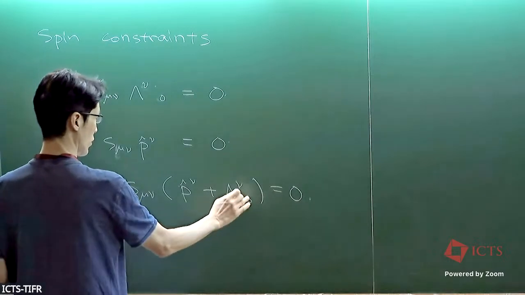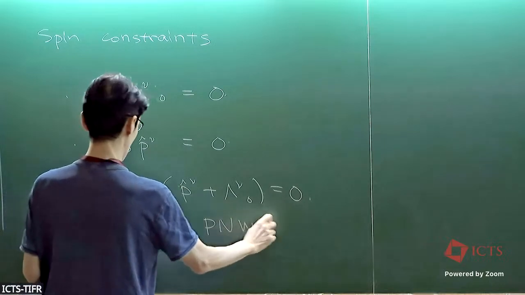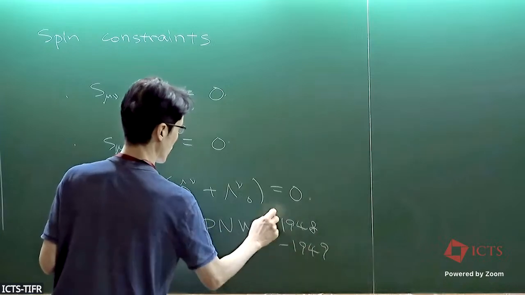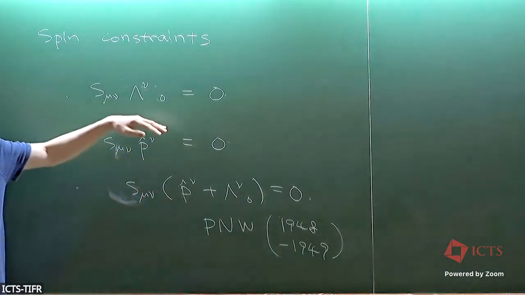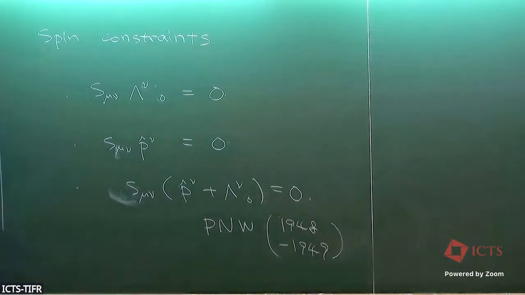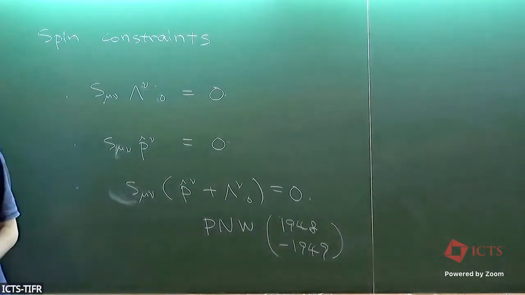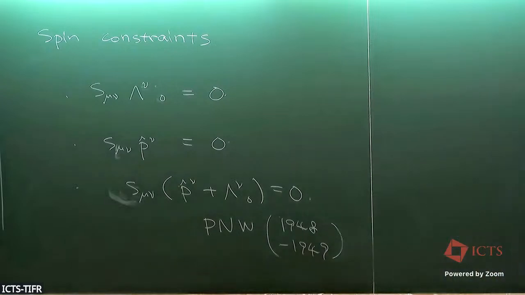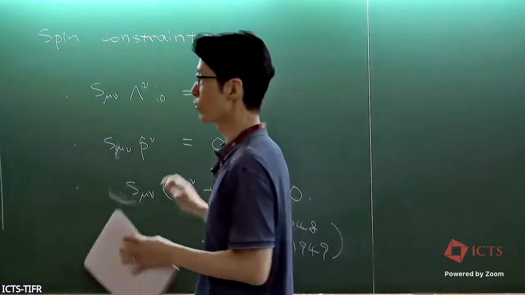And this combination arises from the work by Price, Newton, and Wigner between 1948 and 1949. And I must add that this is just not a random linear combination of the two. There were some serious reasons for considering this particular combination, but I don't want to repeat all the old stories and jump directly to a modern viewpoint of the same observation.